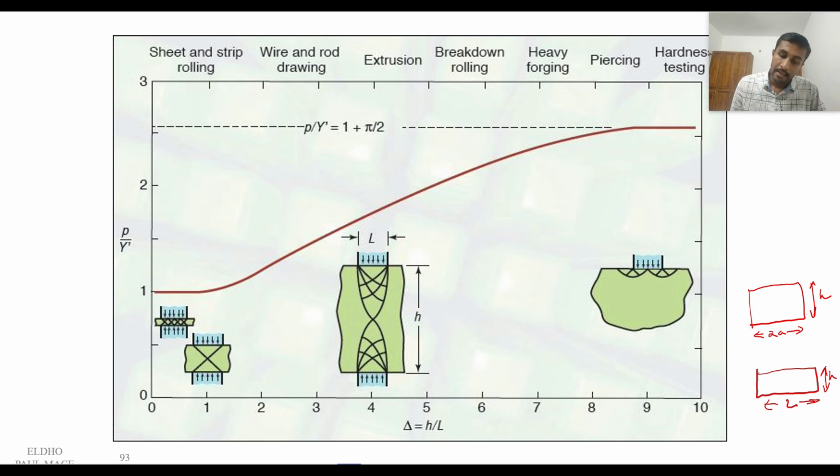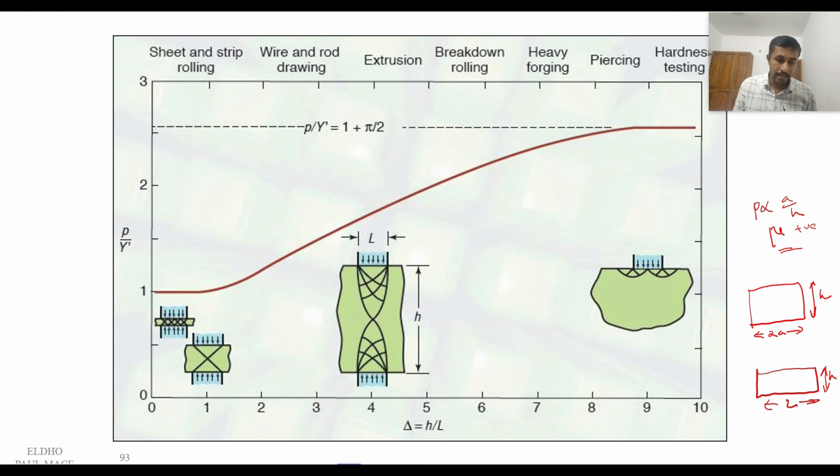So, in the previous case, we discussed P proportional to A by S ratio. But this P proportional to A by S ratio is valid only when there is friction, a positive value of mu. If mu equal to 0, then P is not affected by the A by S ratio.